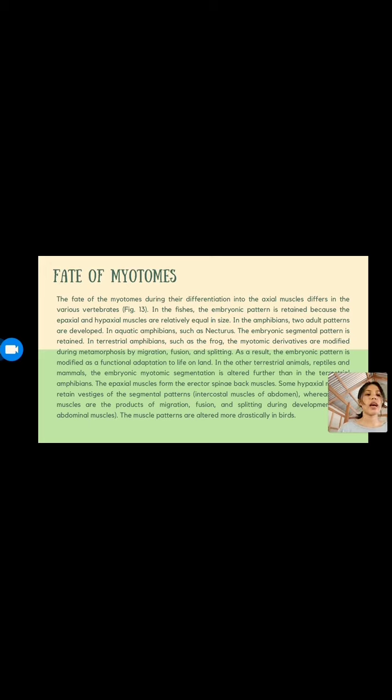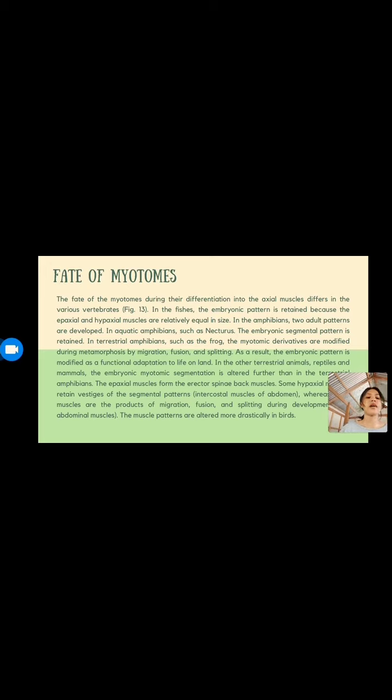In amphibians, two adult patterns are developed. In aquatic amphibians such as Necturus, the embryonic segmental pattern is retained. In terrestrial amphibians, such as the frog, the myotomic derivatives are modified during metamorphosis by migration, fusion, and splitting. As a result, the embryonic pattern is modified as a functional adaptation to life on land.